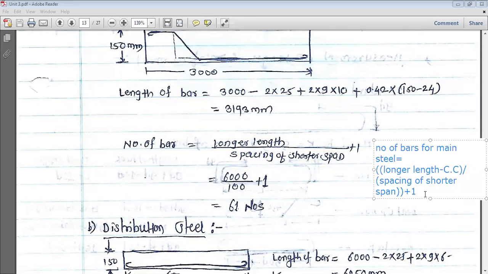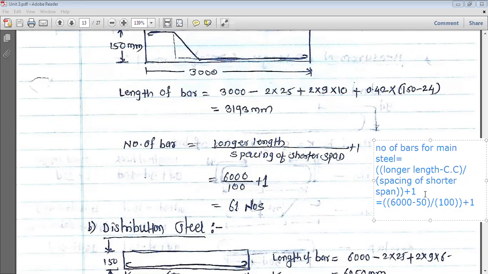So our calculation becomes, I will do it for this particular problem: 6000, that is the length of the longer span, minus clear cover 50, that is 2 into 25, divided by the spacing of the shorter span, which for this problem is given as 100, plus 1.